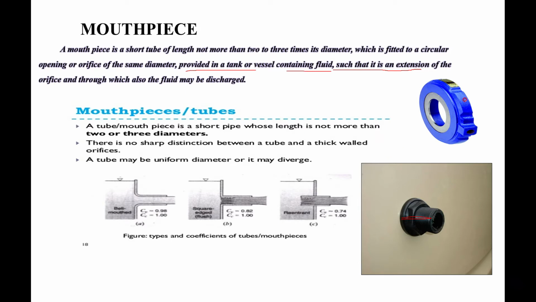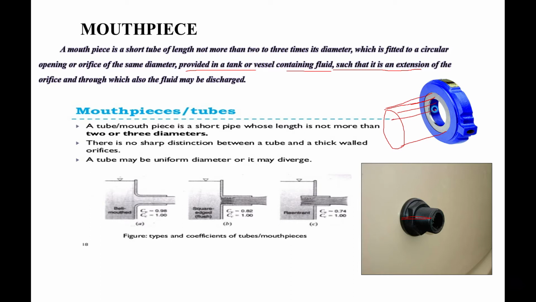Earlier, when we were discussing the orifice, it was just an opening provided on the bottom of the tank or at the side of the tank, and it is flush with the tank. But the extension of the orifice, it will be extended like this. The extension of this is what we call a mouthpiece.